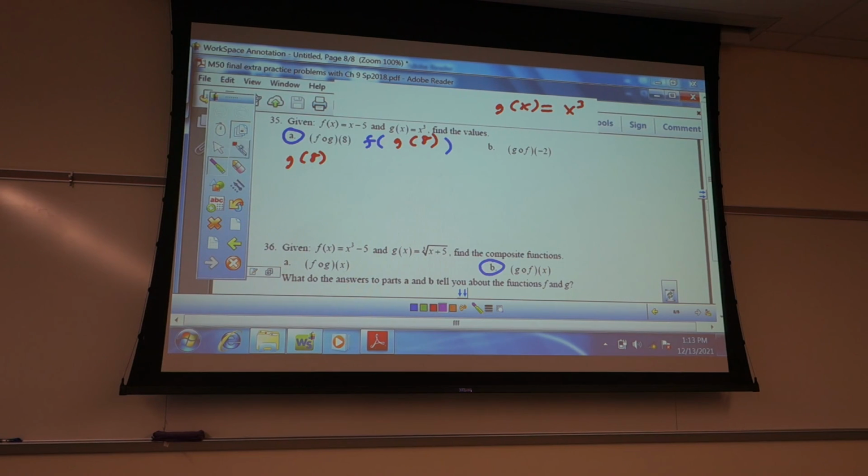So g of 8 means I'm going to take what g of x is, and instead of x, everywhere, what's my x in this case? 8. 8 to the third. So you have to find 8 to the third. What's 8 to the third? 512?